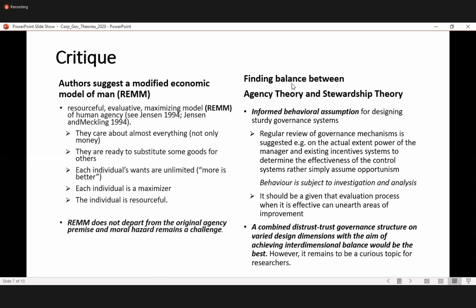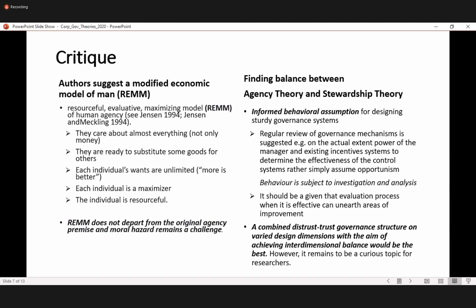So they were suggesting to find a balance between agency theory and stewardship theory. What should govern the relationship between the principal and the agent is informed behavioral assumption for designing an effective governance system.